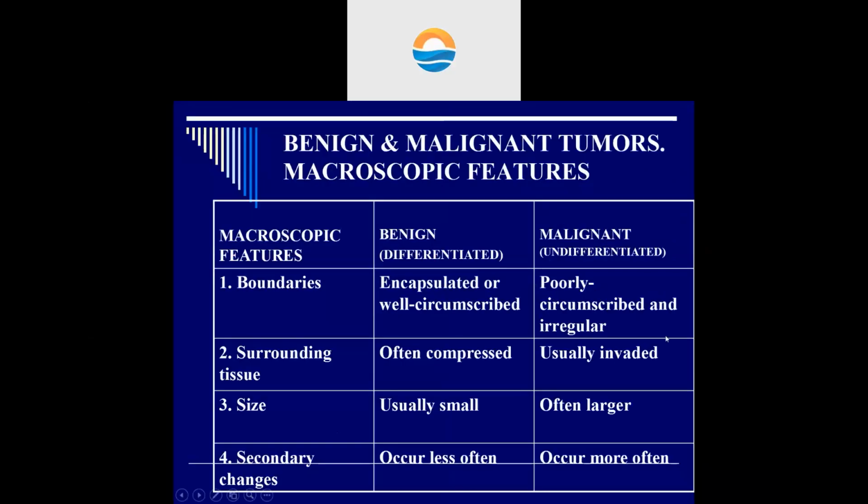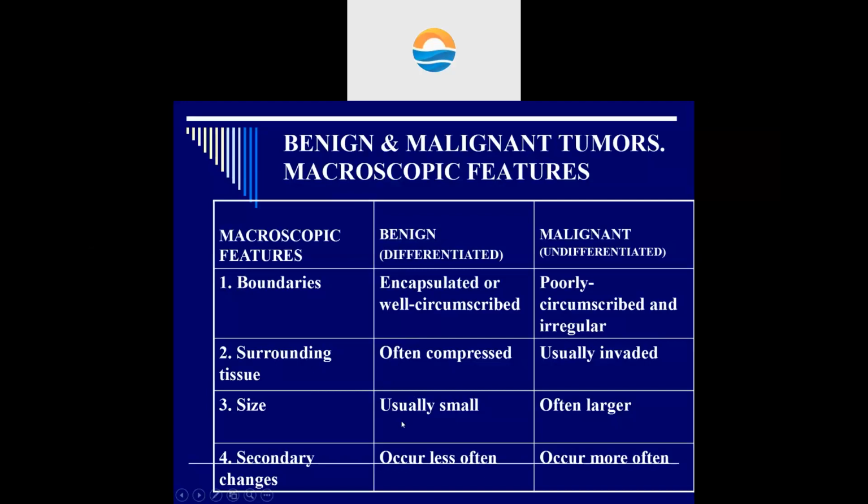You must remember the difference between benign, as I said before, differentiated tumors and malignant ones. Usually benign tumors are encapsulated or well circumscribed. Malignant tumors are poorly circumscribed with an irregular boundary. Surrounding tissues are often compressed by a benign tumor, and in case of a malignant tumor, usually invaded.